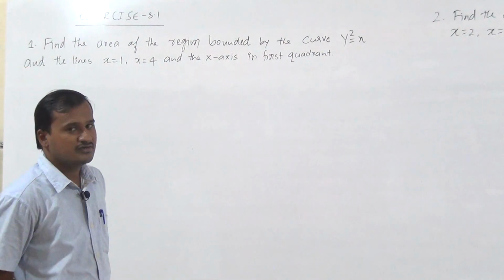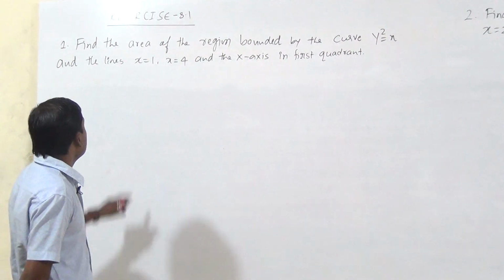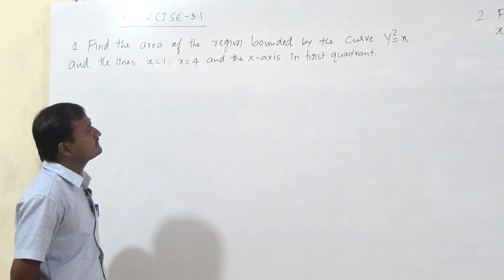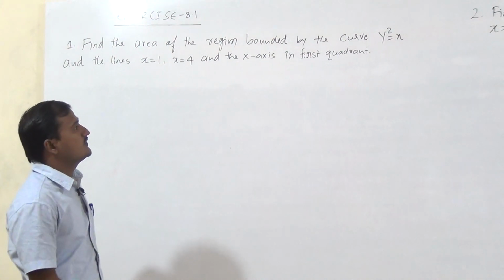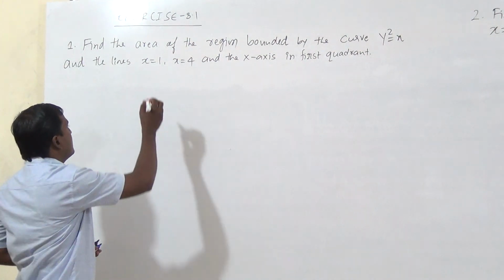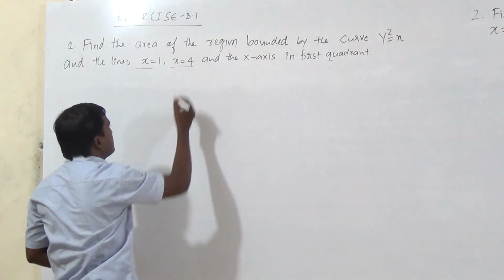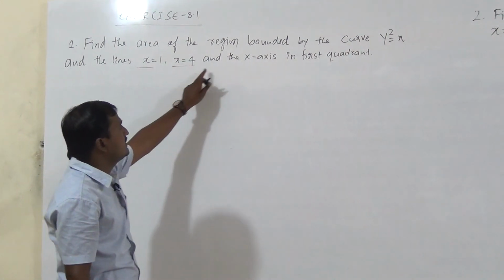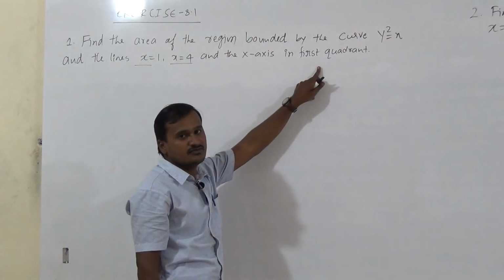The first one is: find the area of the region bounded by the curve y square equal to x and the lines x equal to 1 and x equal to 4 and the x axis in the first quadrant.